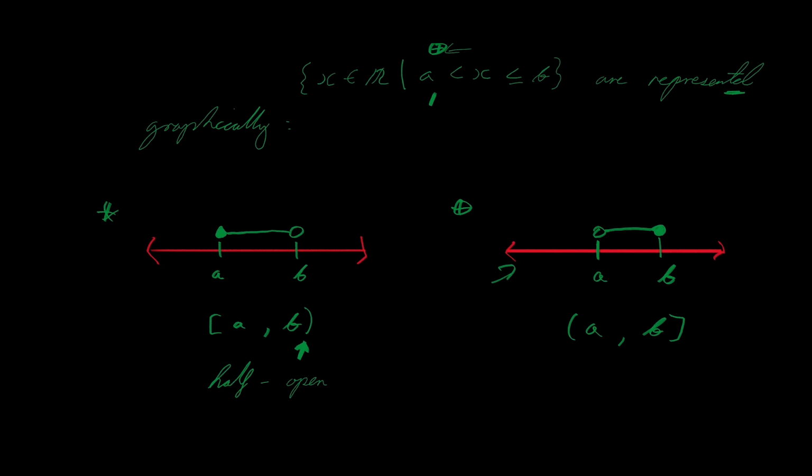And you ask yourself, is that open interval notation or closed interval notation? So it's going to be half closed, because the right-hand bracket is the kind of brackets you use for closed intervals. So this is the half closed interval from A to B.